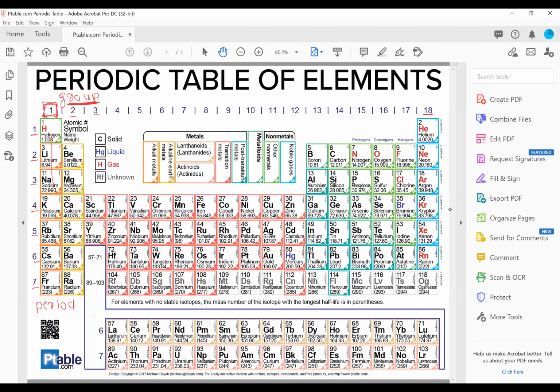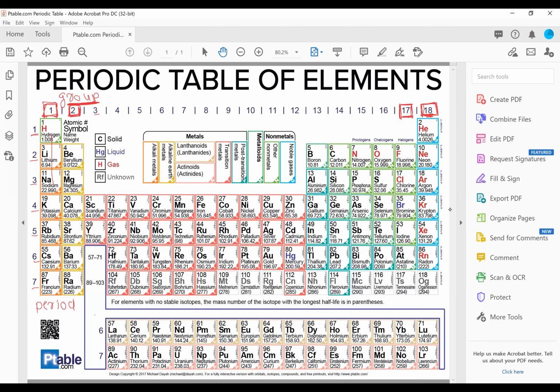Group number 1, group number 2, the last group on the right side, 18, and number 17. So basically, two groups on the left side and two groups on the right side, you must remember the name.